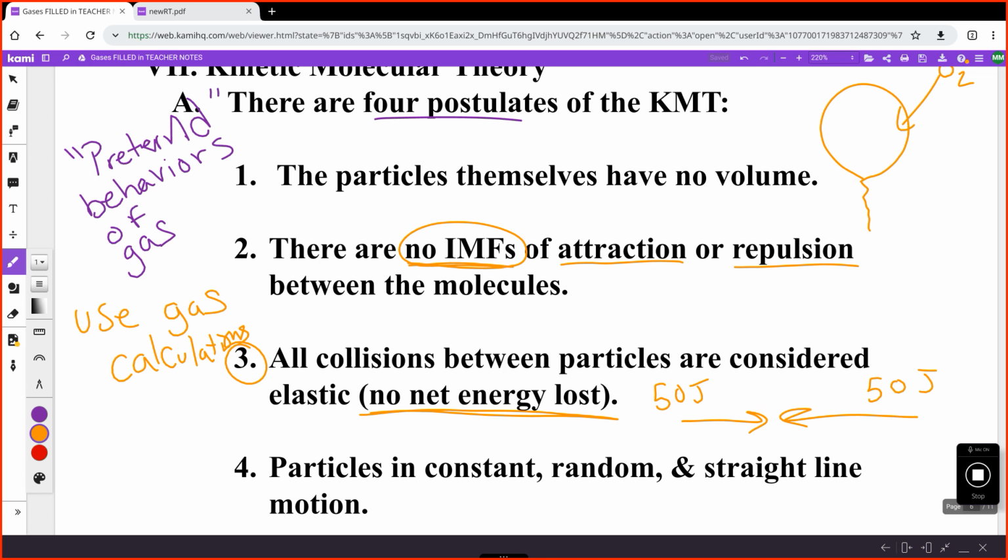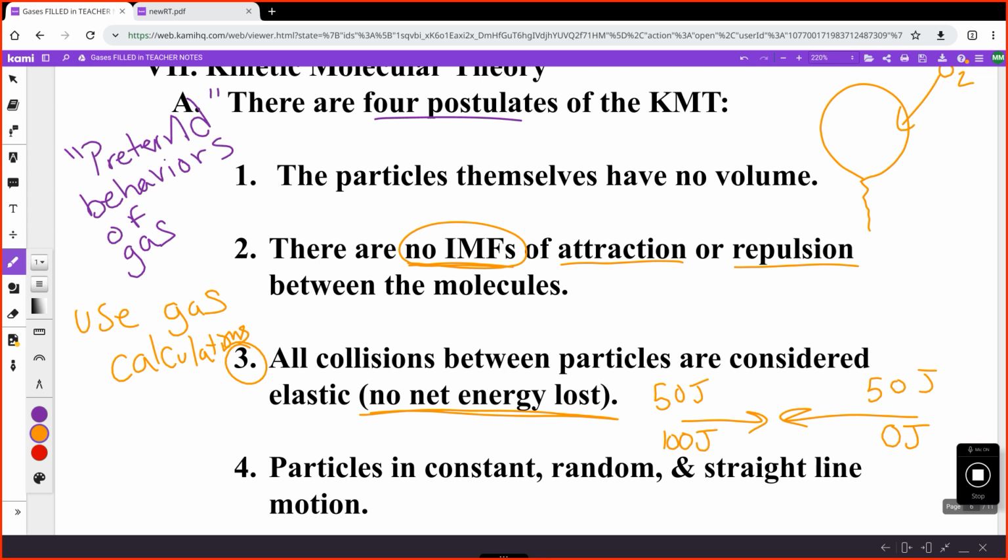When they collide, what can happen is they could bounce off of each other and travel again with 50 joules of energy, or one can gain all of the energy while one loses all of the energy. The point is, no energy actually gets lost. It can be transferred, but in a total collision, the same amount of energy the particles started with would be the same amount they end with.